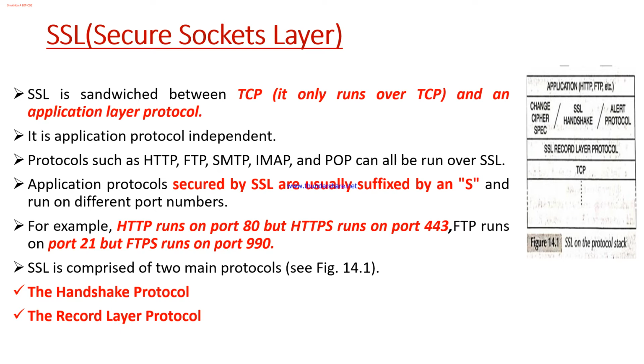This protocol is independent of the application, and protocols such as HTTP, FTP, SMTP, IMAP, POP can all be run over SSL. Application protocols secured by SSL are usually suffixed by S. So if HTTP, FTP, SMTP are secured by SSL, they'll have the suffix S: HTTPS, FTPS, SMTPS.